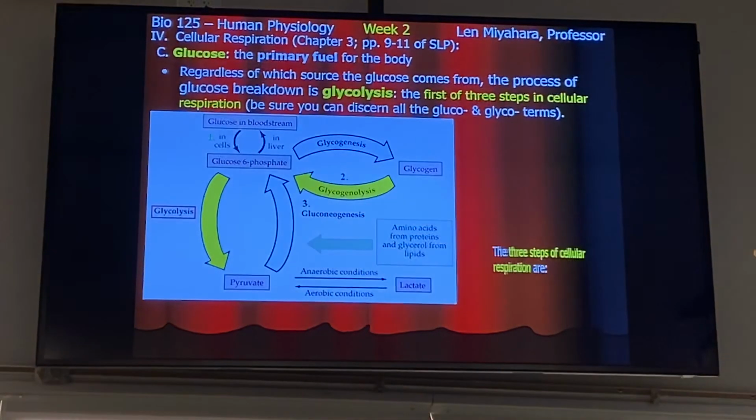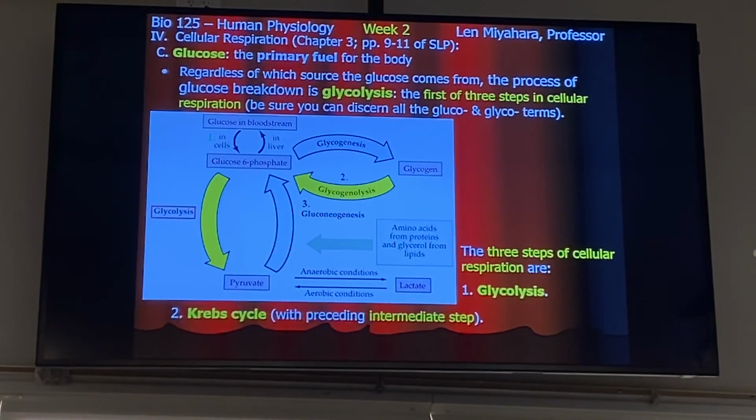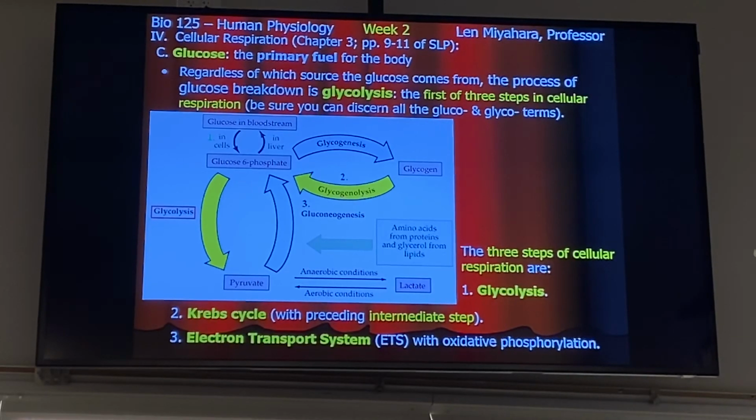Okay, so here's the 3 stages in order: glycolysis, Krebs cycle, electron transport system. We're gonna go in more detail. Believe you me, because I've taken biochemistry, we're only scratching the surface.